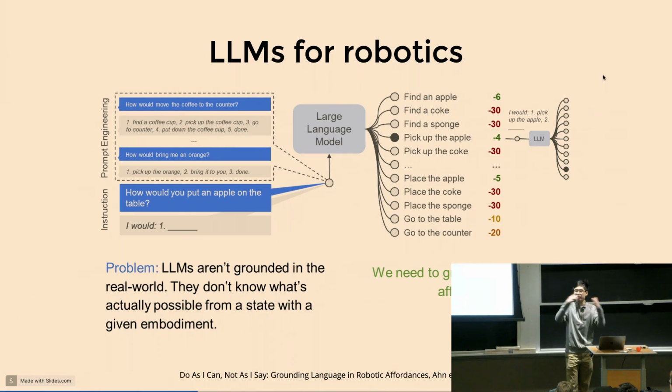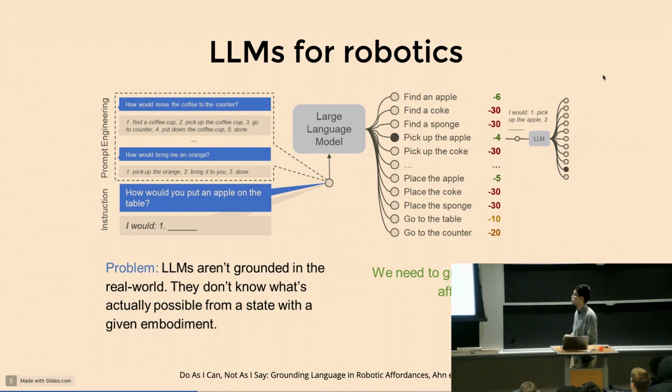However, it only sees an apple. There is only one apple on the table. And instead of sampling uniformly from its language priors, you also want the language model to be informed of what's actually possible given the current scenario.